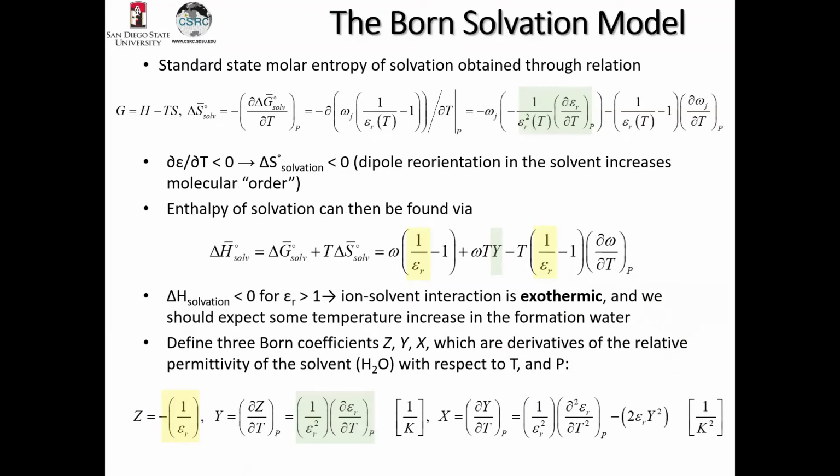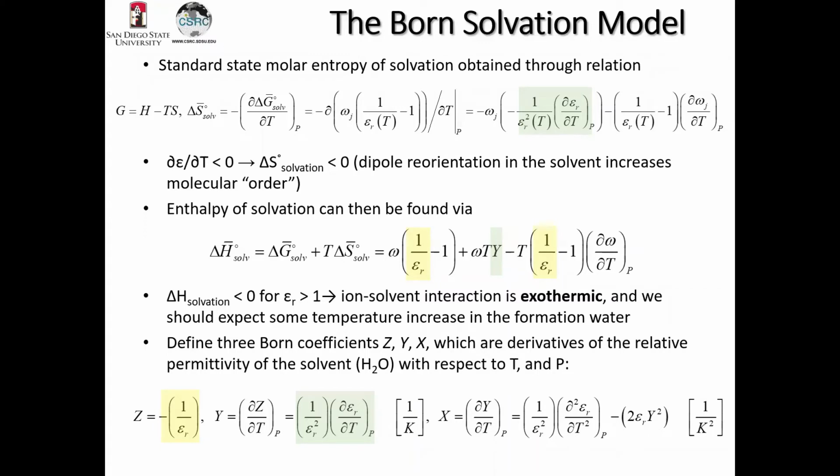So we have an expression for G, and we know that G is enthalpy minus temperature times entropy. And so we have this expression. Now, if we expand it, in the green box, there's a green shade right here. We have an expression, partial permittivity, partial temperature. And you can see that when this term is less than 0, you can have a situation where the entropy of solvation decreases. So you have more order.